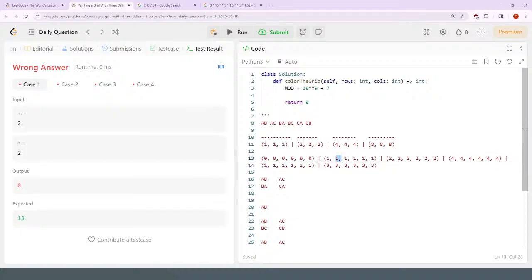So that's 1 times 1 plus 1 times 1. And if this was a CA, then this thing can be CA here, it can't be CB. So it's 1 times 1. What ends up 3? Ends up 3. And then what?